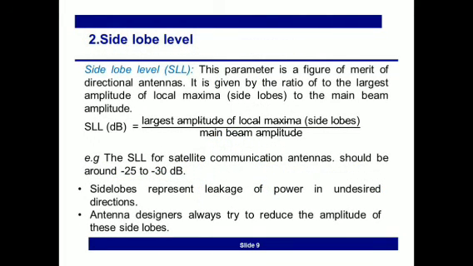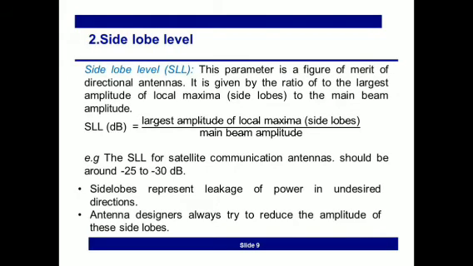The side lobe level is another parameter which is a figure of merit for directional antennas. We have seen that the side lobe level should be minimized, so this level should be measured. It is given by the ratio of the largest amplitude of the local maxima to the main beam amplitude.